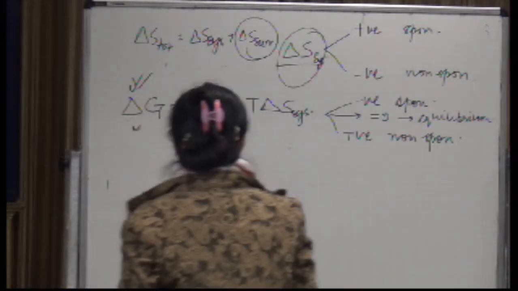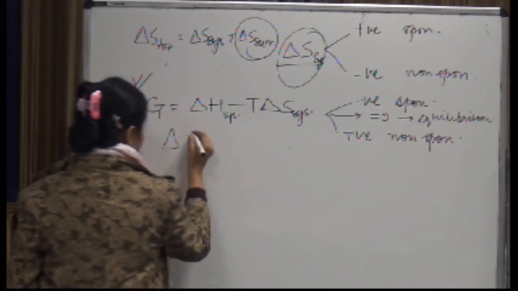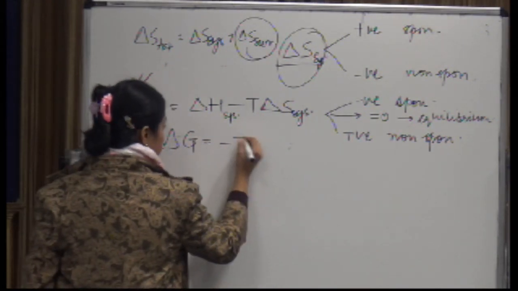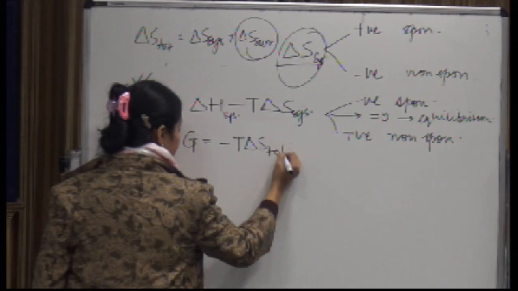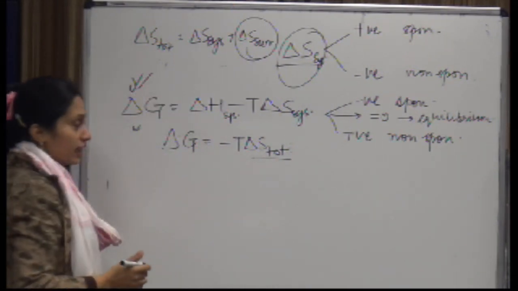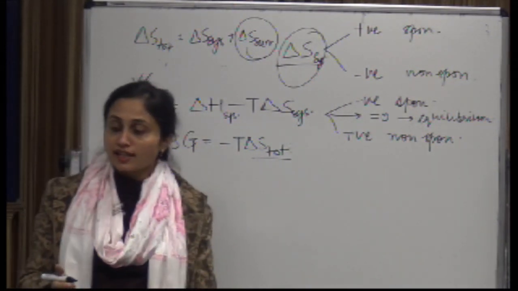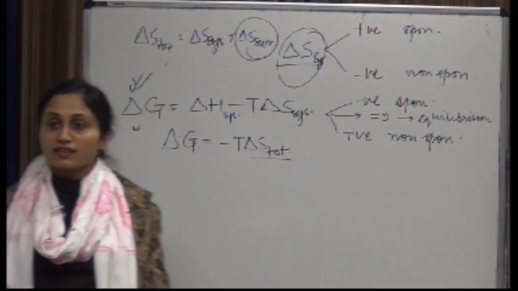Okay? And another thing that we had done before in thermodynamics is delta G is equal to minus T delta S total. I had told you this, remember? You can actually get a relationship between delta G and delta S as delta G is equal to minus T delta S total.